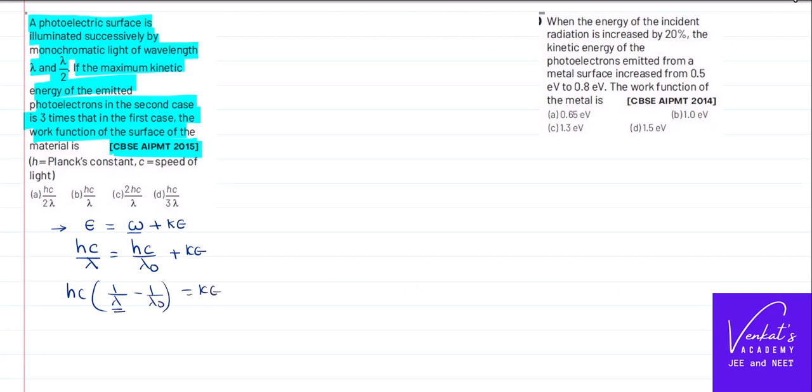In the first case, this value is lambda. In the second case, the incident wavelength is lambda by 2.